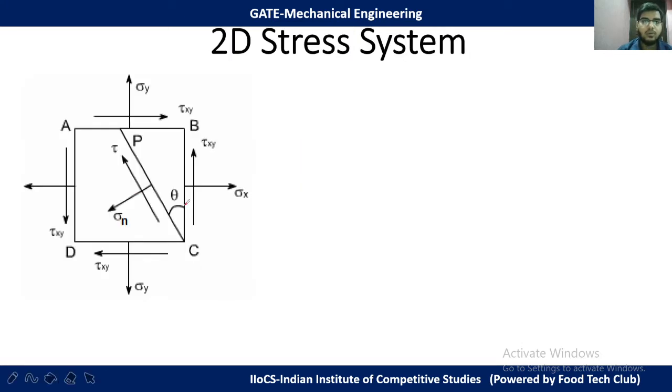So suppose we have a biaxial stress system here. Here sigma x acts in the x direction. This is the x direction, and this is the y direction.